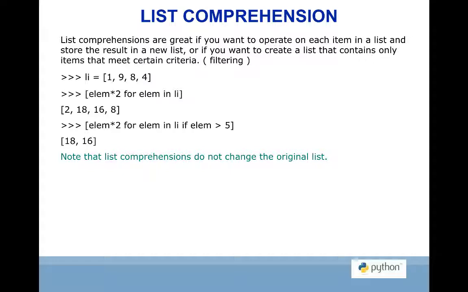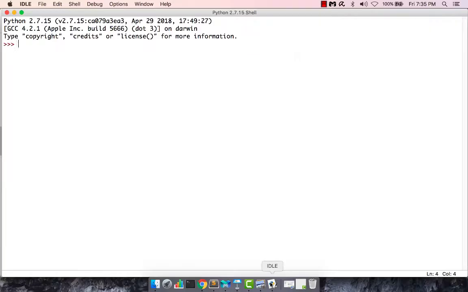We'll try this with the help of the IDLE environment and try to understand and grasp the concepts there. So let's say I took li, the same example, 1, 9, 8, 4, and I do lm * 2 for lm in li.